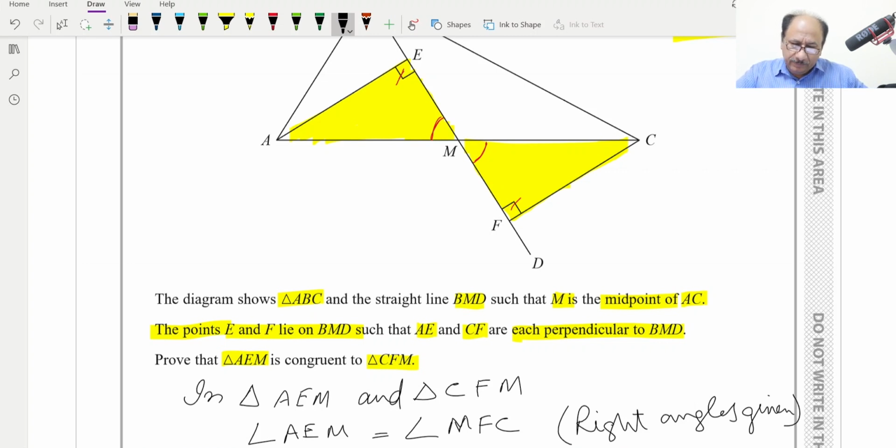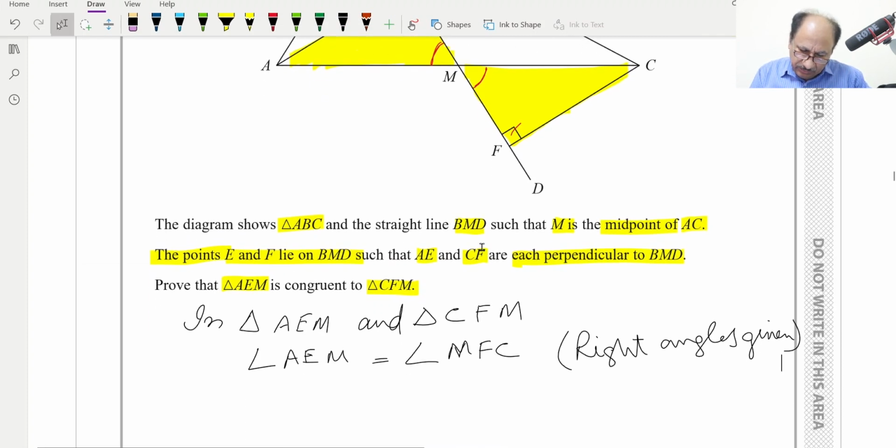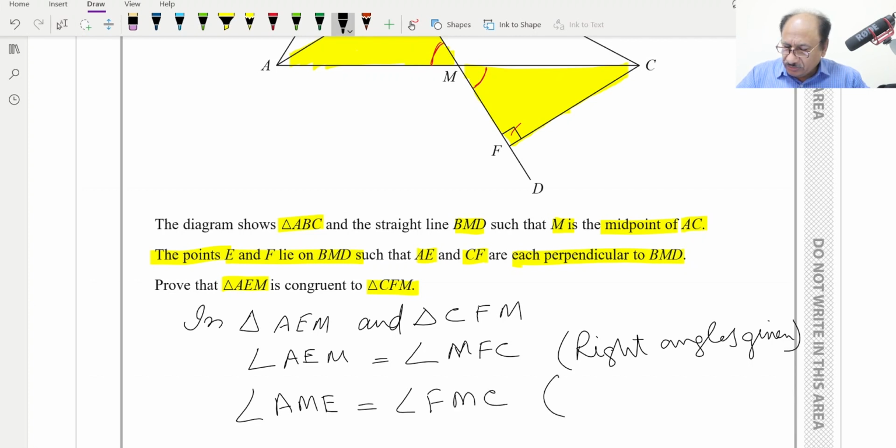Now the second thing, the second angle AME, we can write angle AME is equal to angle FMC, and in brackets we can write opposite angles basically, or alternating angles.